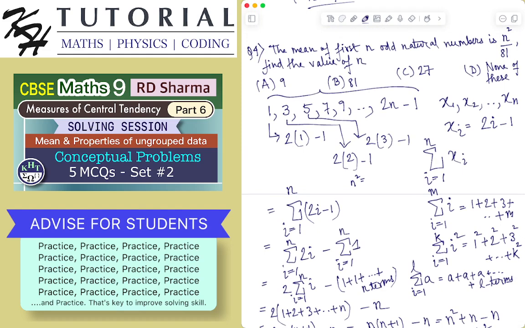The first n odd natural numbers are 1, 3, 5, 7, 9, and the nth odd natural number will be 2n minus 1.